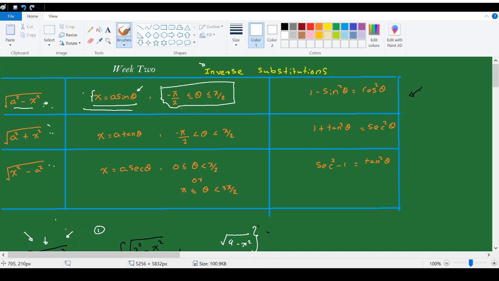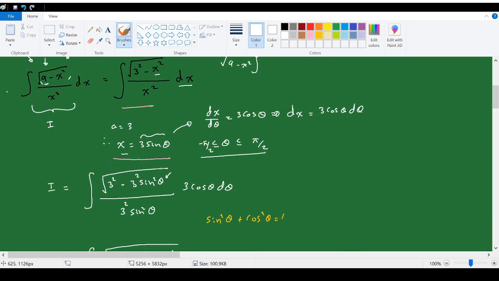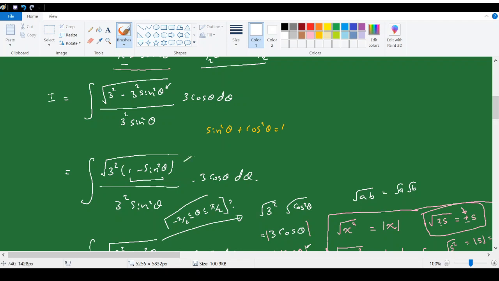And also when we are using that substitution, we should remember that the angle should be within this given range, okay? And so once we are using this substitution, this trigonometric identity is useful, because eventually we will get into a situation where we will have to use that given trig identity.